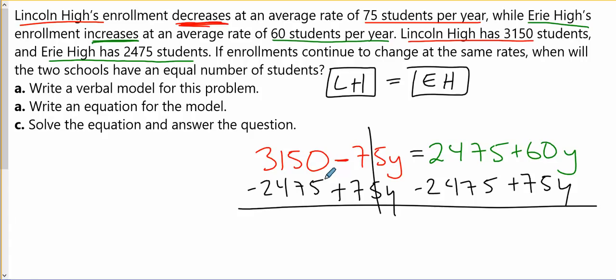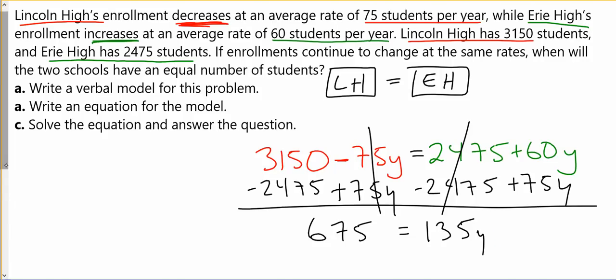So 3,150 minus 2,475 turns into 675, and that equals 60 and 75 add together to make 135y.